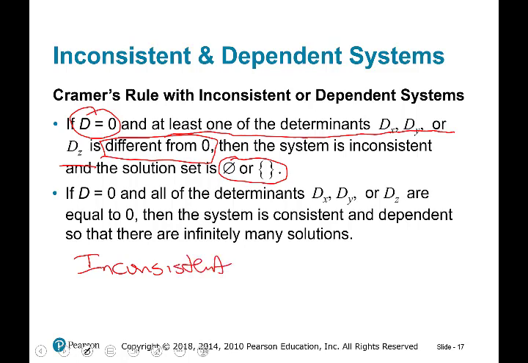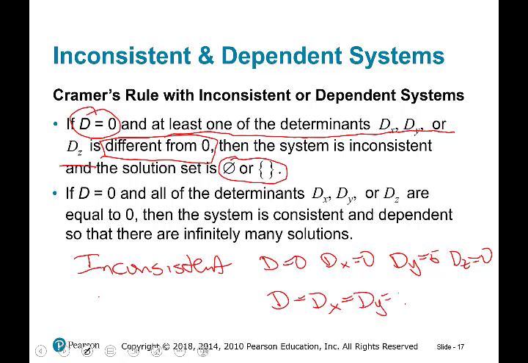Okay, so if we have, let's say, for example, for an inconsistent system or no solution, something like this: d is equal to 0, the x is equal to 0, the y is equal to 5, the z is equal to 0. So that will be inconsistent. Now, if all of them, d is equal to dx, is equal to dy, is equal to dz, and all of them are equal to 0, then this is a dependent system.